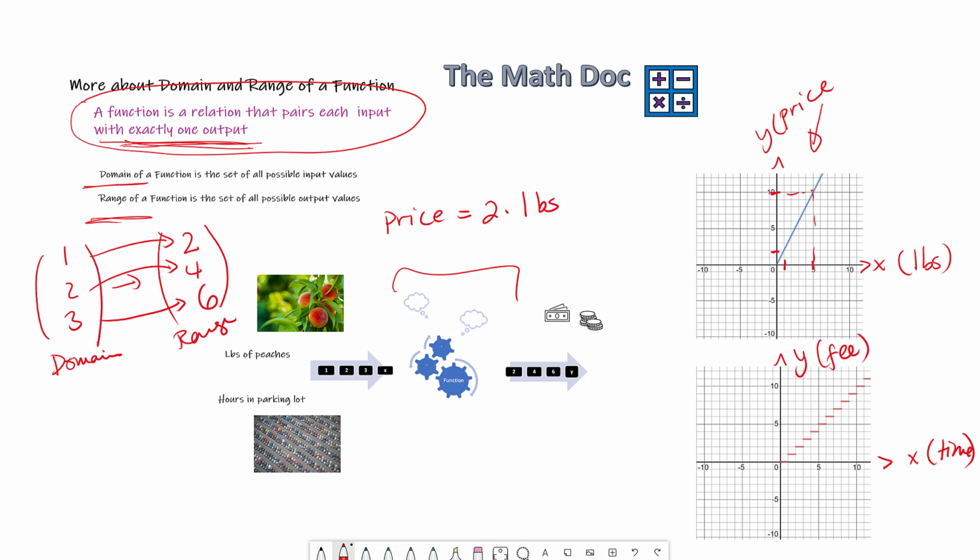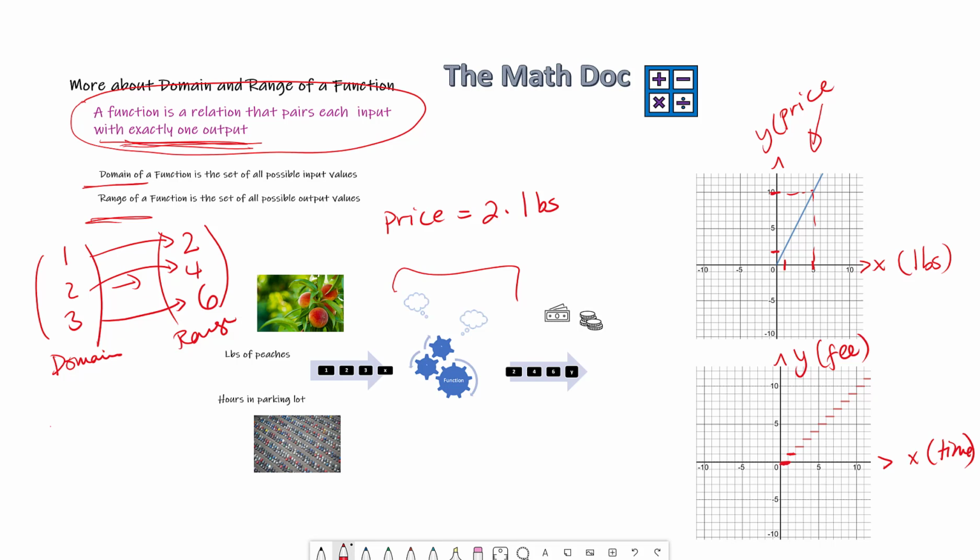In this case, it's something called a step function, where for the first hour or any fraction of it we don't pay. The first hour is free. Then for anything in the second hour, from an hour and 1 second to 2 hours, we pay $1, and so on.